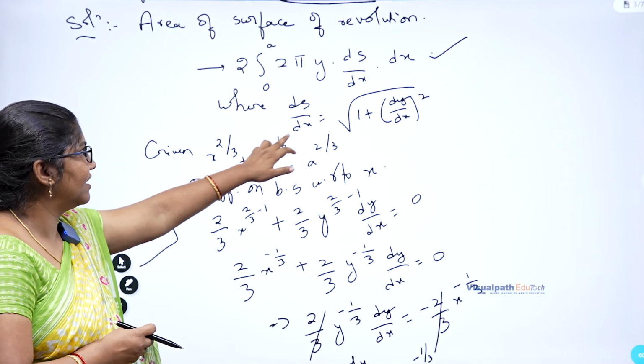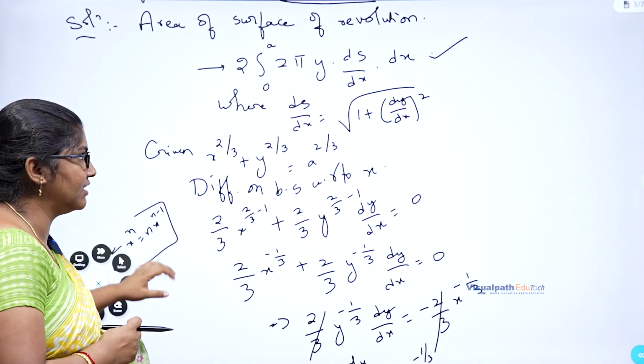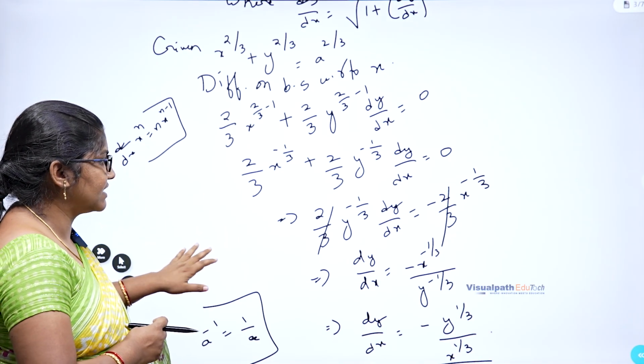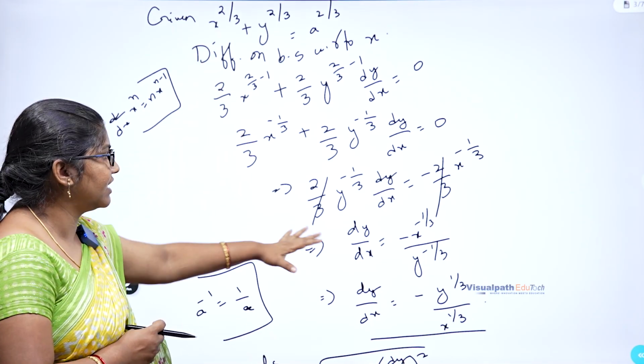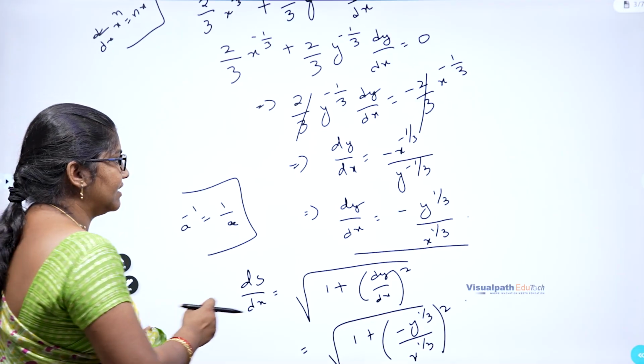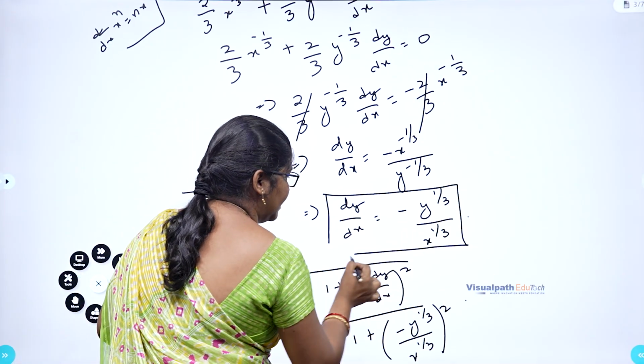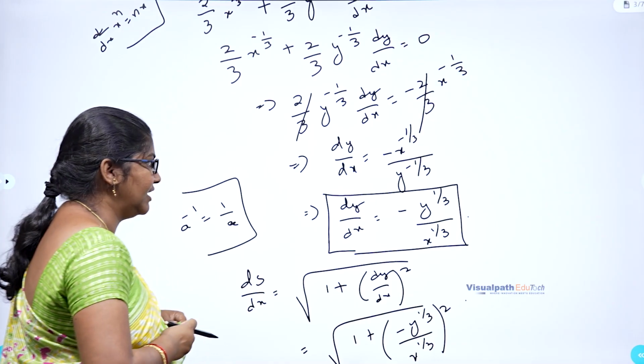And for the formula, we have ds by dx, another formula. We find dy by dx first, dy by dx for the curve. Till here, we got dy by dx.